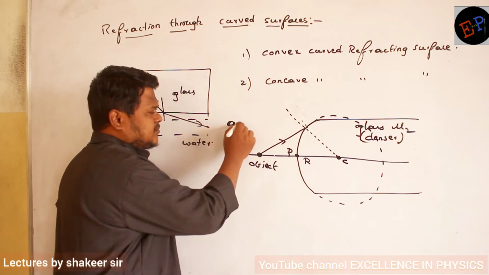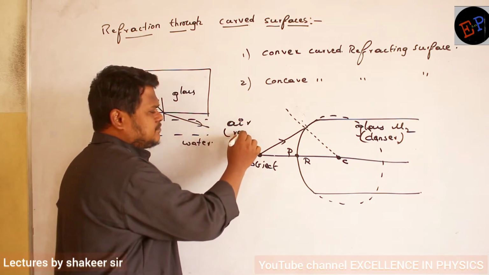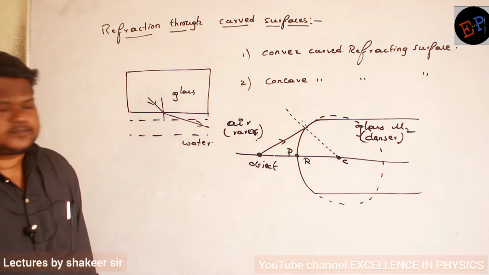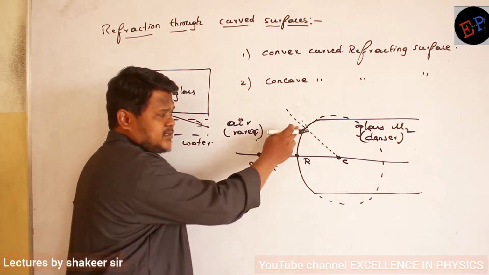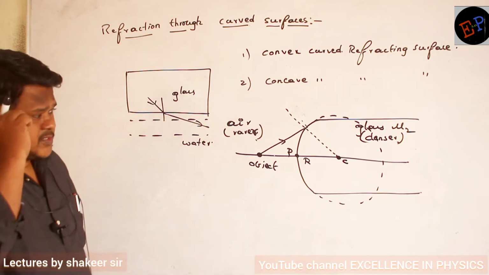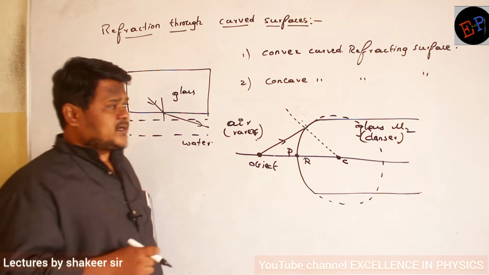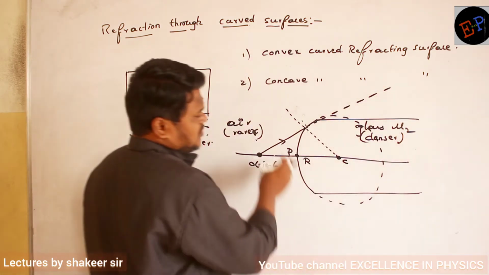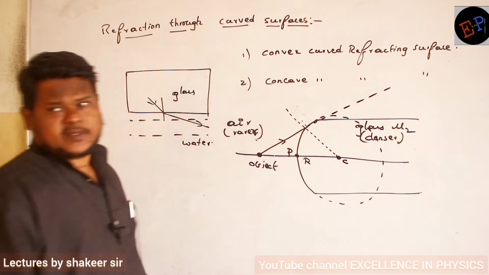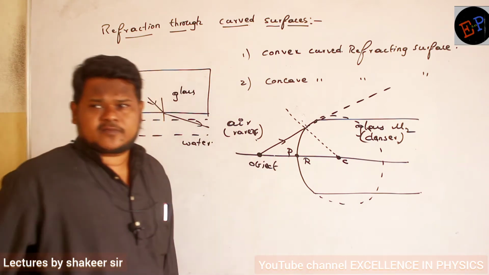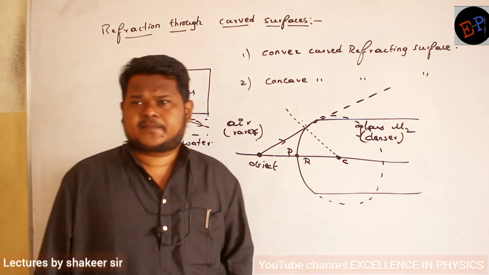Now this is air, which is a rarer medium, and this is glass, which is a denser medium. Now when light falls here, can you say what will happen? Will the speed of the light increase or decrease? Actually, light should travel in this direction. But because there is a refracting surface, the speed of light decreases.